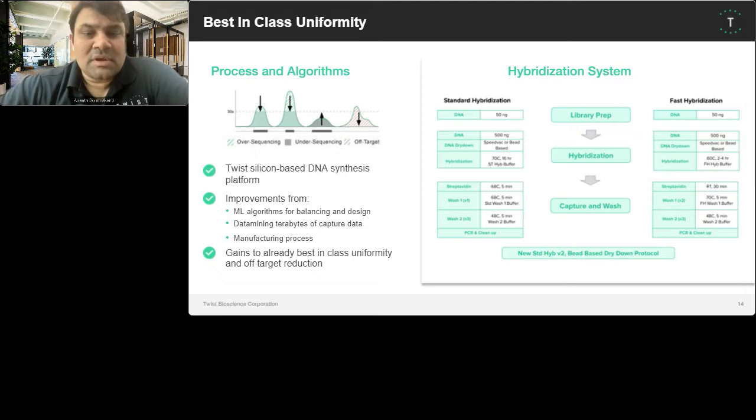As I said, we also introduced a bead-based approach for both the standard workflow system and the fast hyb workflow system, so that it gives ease of workflow, and at the same time the performance of the entire product improves drastically.